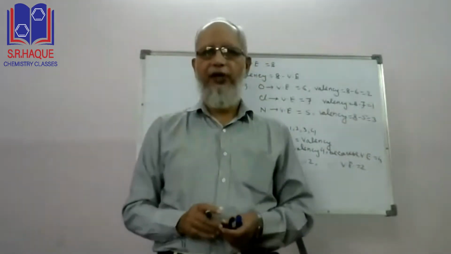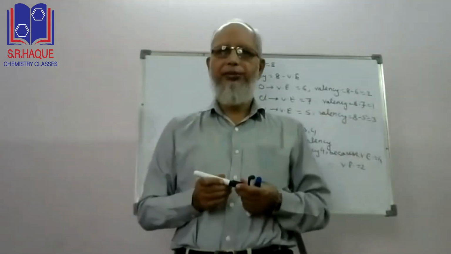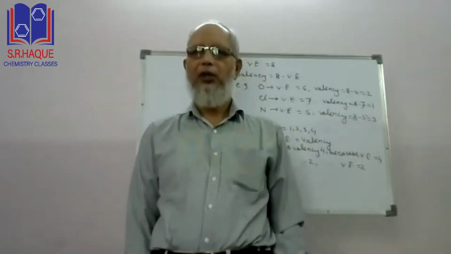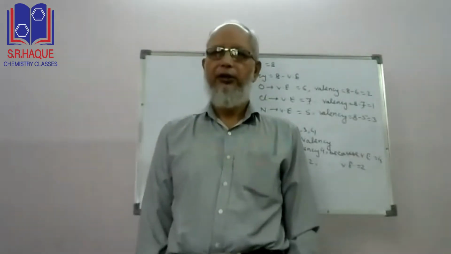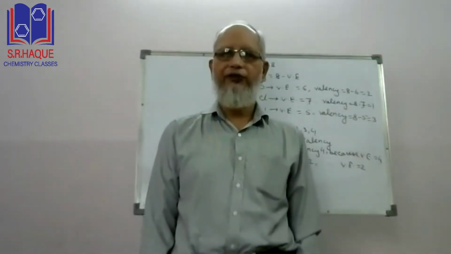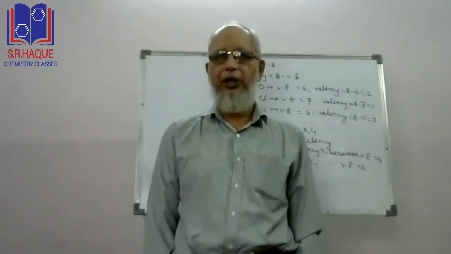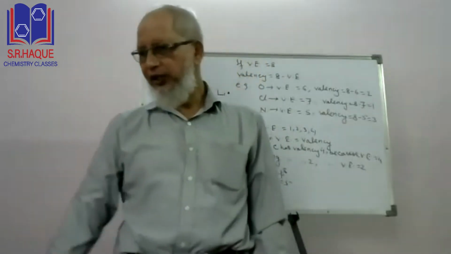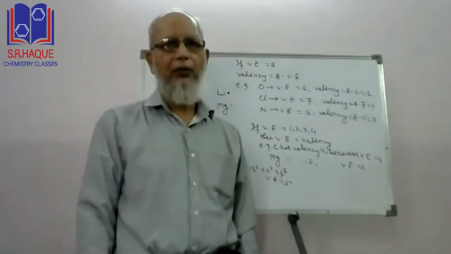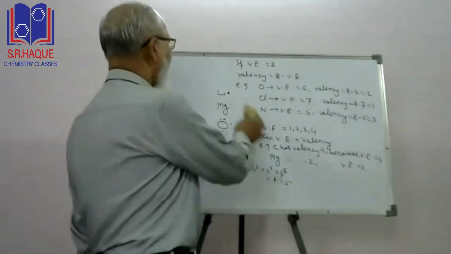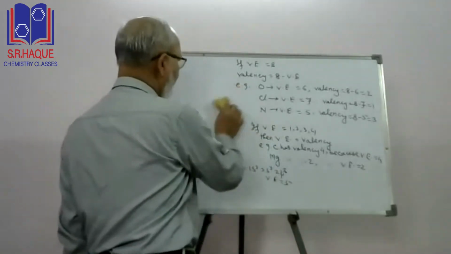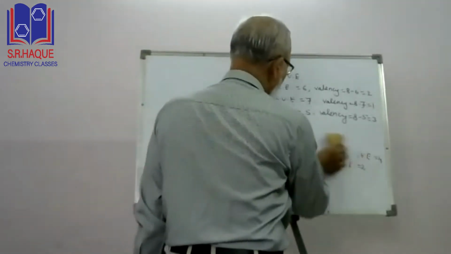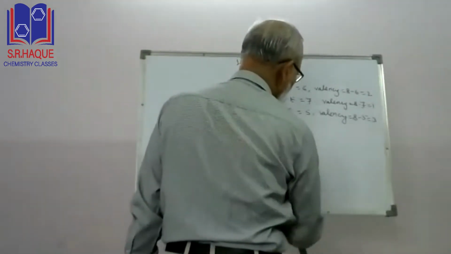On the basis of valency and on the basis of valence electron or the Lewis dot symbol, we can find how many electrons this atom of the element can contribute in the formation of chemical bond. So valency of the element also represents the number of electrons contributed by that atom in the formation of chemical bond.